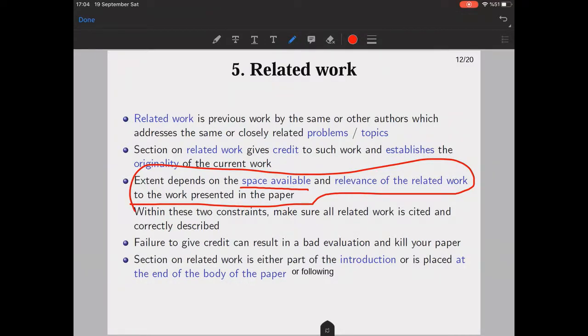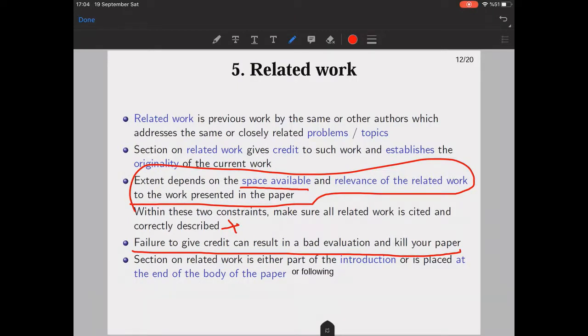Within these constraints, make sure all related work is cited and correctly described, okay? They can be short, but be careful that all related work is cited and mentioned in the related work part. Because failure to give credit can result in a bad evaluation and kill your paper. Why?